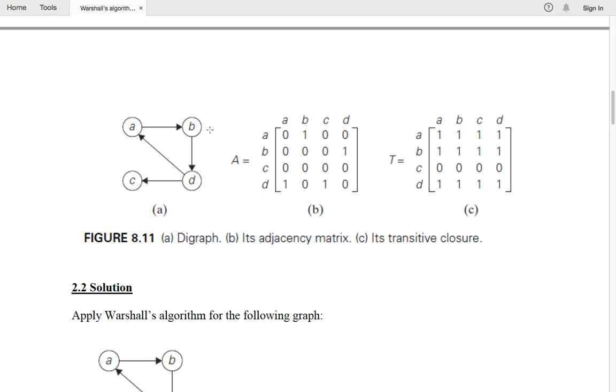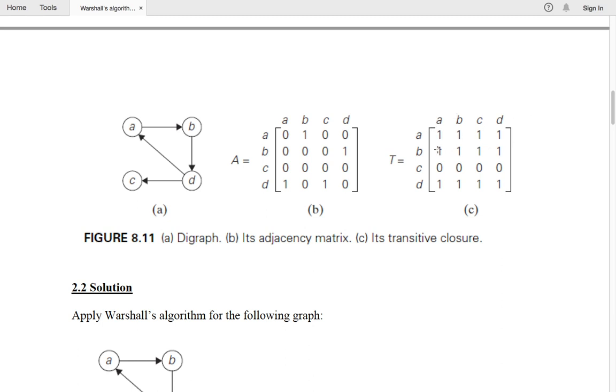Now what's the transitive closure of this graph? A to B I can reach, so it's already 1, no issues. A to D I can reach through AB, BD, so it is 1. A to C I can reach through AB, BD, DC. Similarly, A to A, I can reach from A to B, B to D, D to A. So, AA, AB, AC, AD will all be 1.